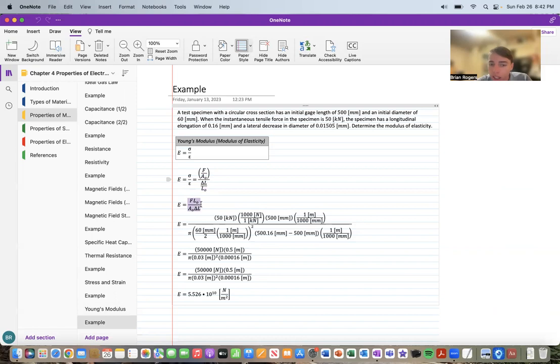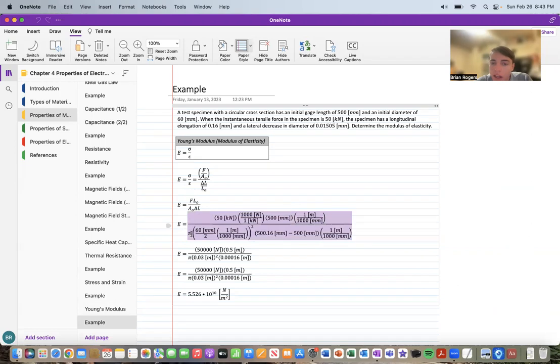So just rewriting it, substituting in what we have. 50 kilonewtons was our force that we applied. The initial length was 500 millimeters, and we convert millimeters into meters to make it all in the same units.